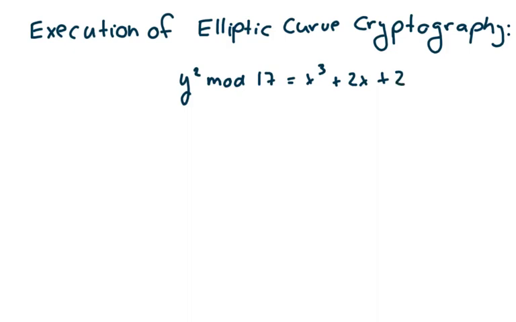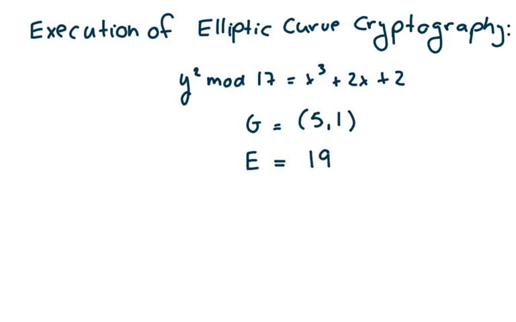They also have to pick a generator point. Let's say G is equal to (5, 1), and compute how many points the elliptic curve has on it. So let's say that this elliptic curve has 19 points on it.